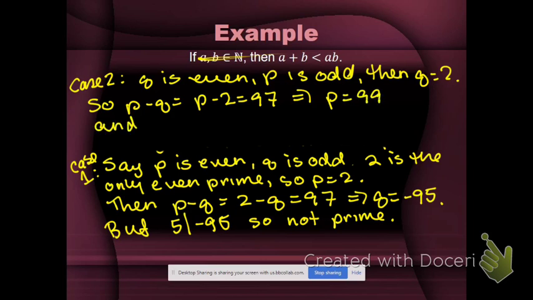Again, just to pick a number, 9 divides 99, so not prime. Then you can write a conclusion. Therefore, there do not exist two prime numbers. Notice this one was a little longer, but it was still just a disproof.